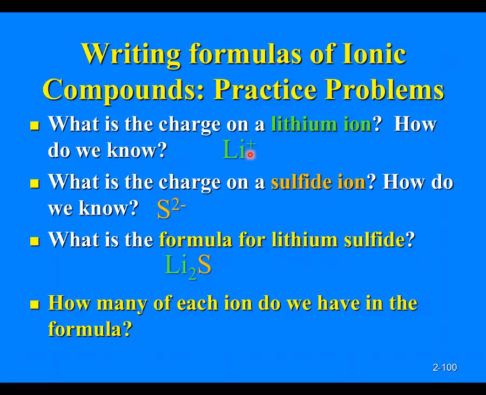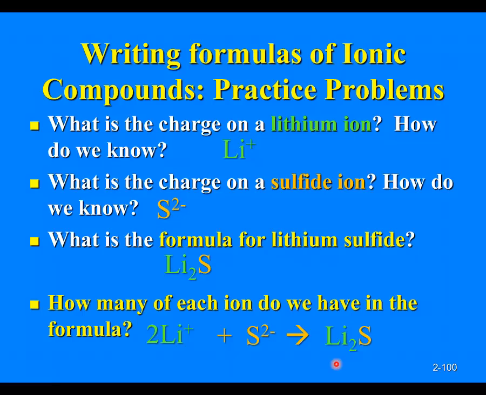So 2 lithium cations combine with 1 sulfide anion to form my lithium sulfide ionic compound. I show a subscript 2 to indicate 2 lithium ions have been combined here. Since the overall formula is neutral, with all of the positive and negative charges balanced, I don't show any charge on the overall ionic compound formula.